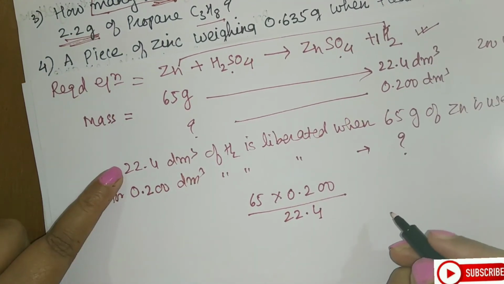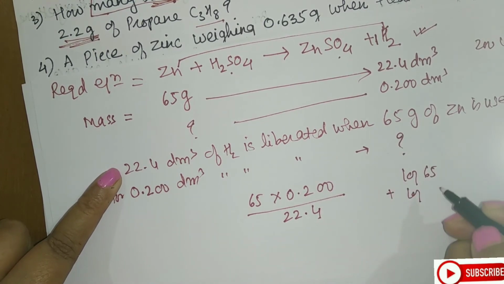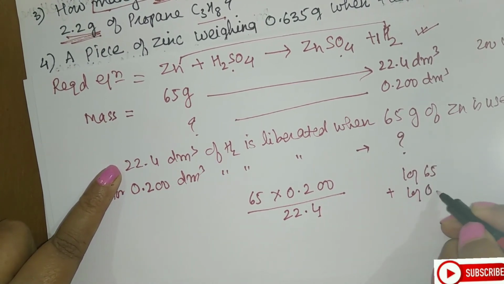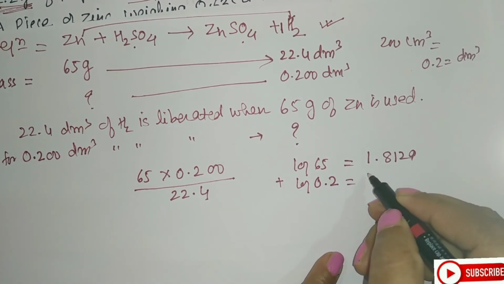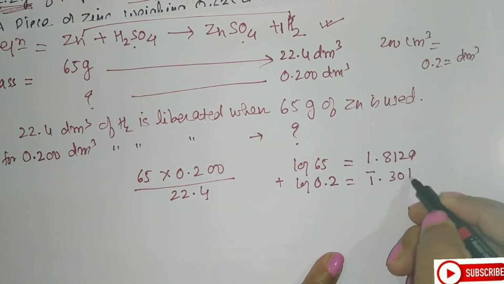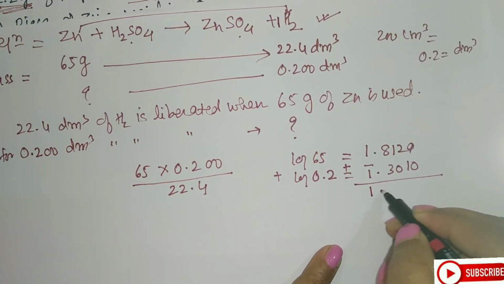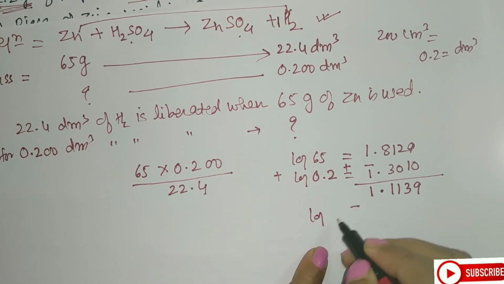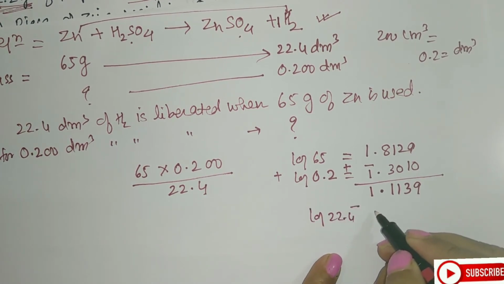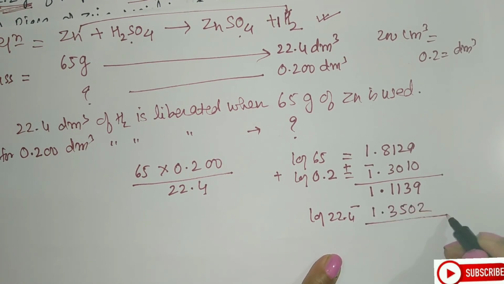Let us go by log now. So it will be log of 65 plus log of 0.2. This will be 1.8129 and this will be bar 1.3010. Let us add the two log values. It will be 1.1139 minus log of 22.4, which is 1.3502. Let us subtract.